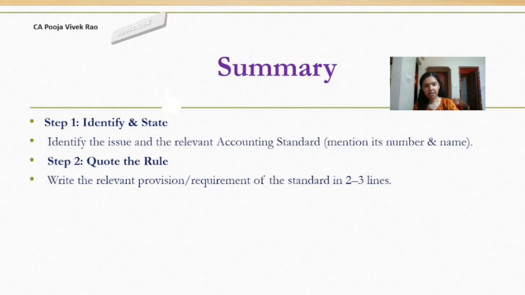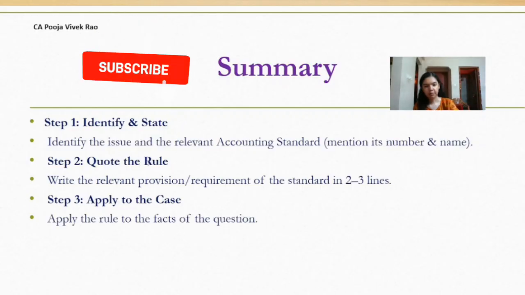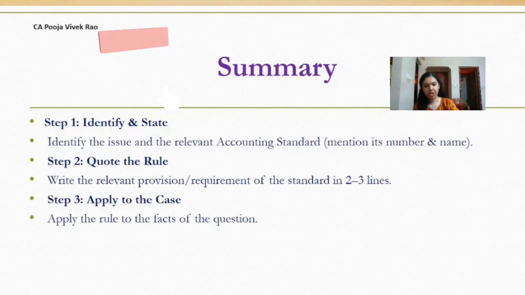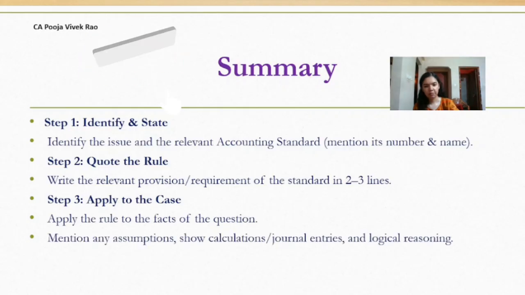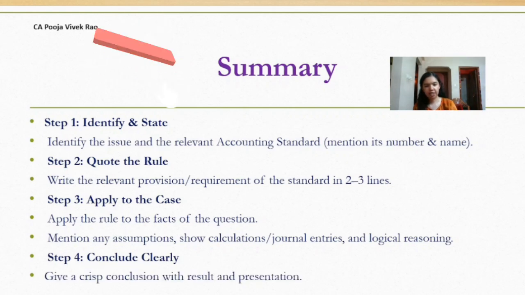Next, step number 3, apply to the case. That is, apply the rule to the facts of the question. Mention any assumptions, show calculations and logical reasoning. Then step number 4, conclude clearly. That is, give a crisp conclusion with result and presentation.